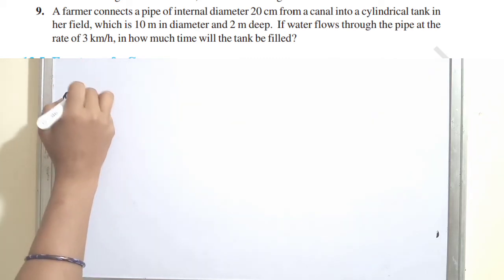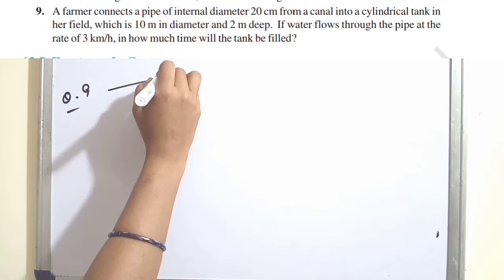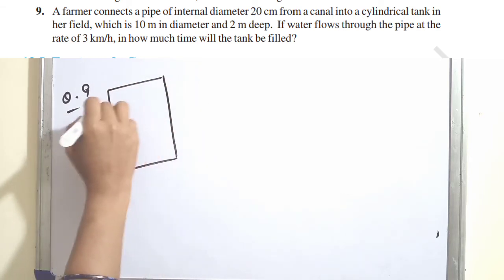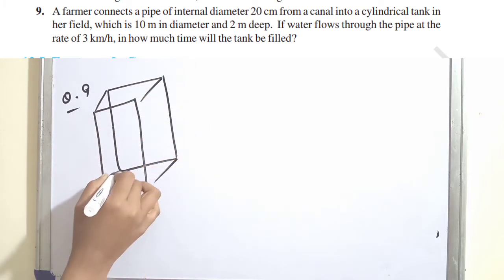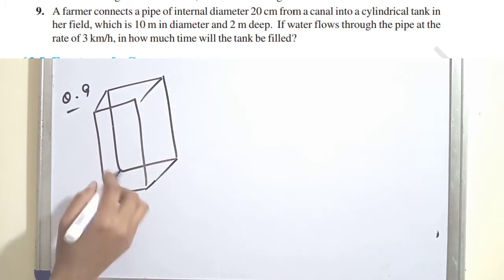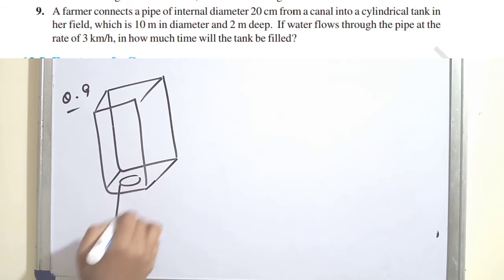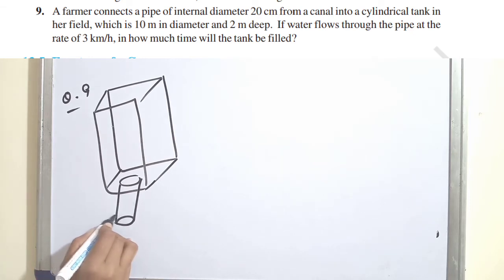Suppose this is a canal and this is a pipe which is cylindrical in shape into a cylinder.